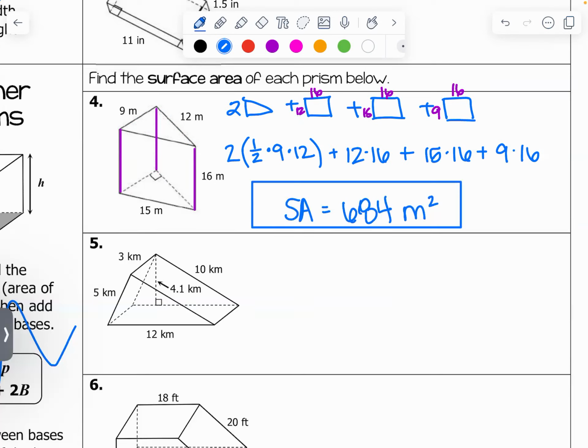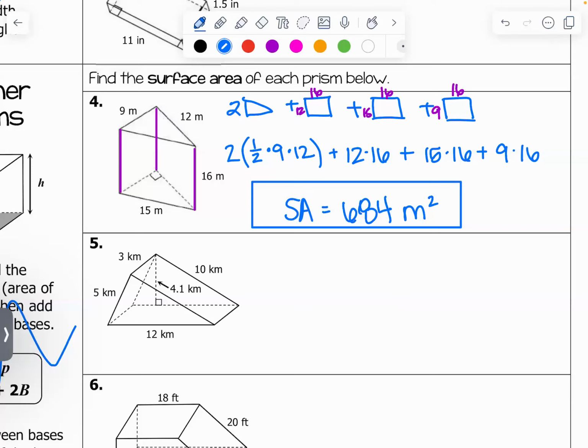So it's 10 times 3. That's not right. I can tell you that it's not right.